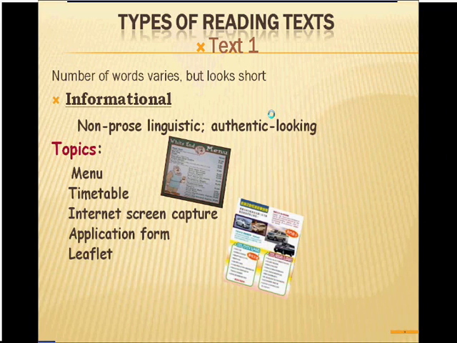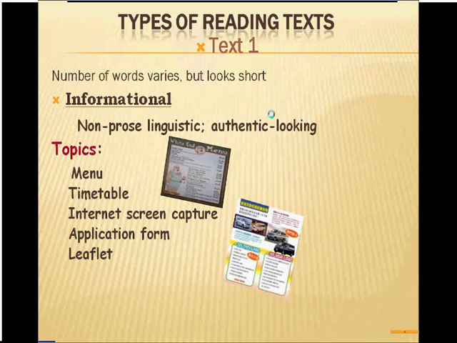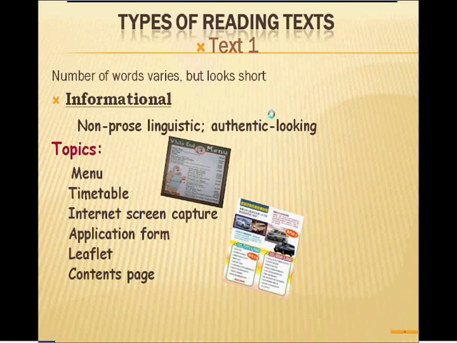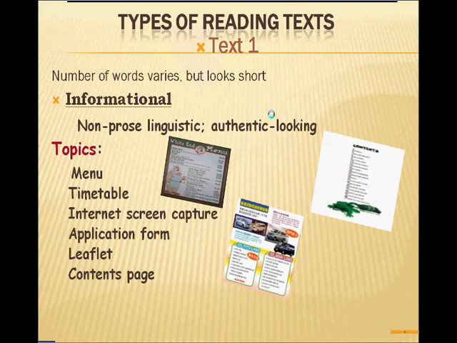Leaflets, and this is a leaflet. It's a kind of an advertisement where you can just read and know more information about lots of things. In our case here, we have cars, for those of you who love to read and know more about cars. Contents page, and again this is an example of a content page.